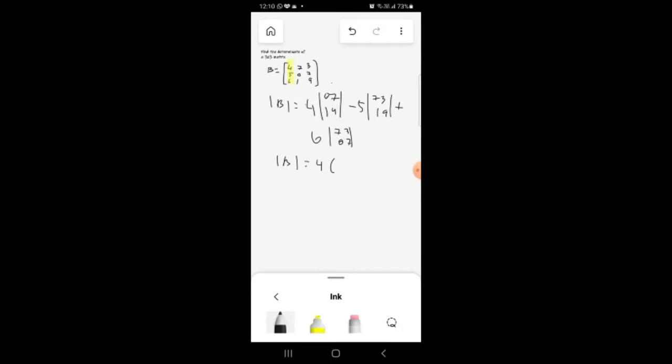Cofactor B is equal to 4 times negative 7, negative 5 times 60, and 6 will be multiplied with 49, and we will get negative 28 minus 300 plus 55, and the solution of the equation is negative 273, and this is how you could find the solution by using column.